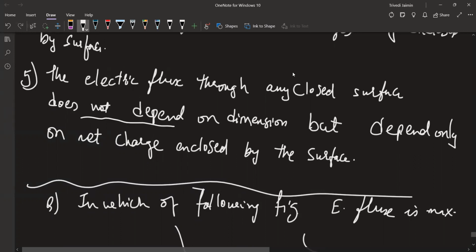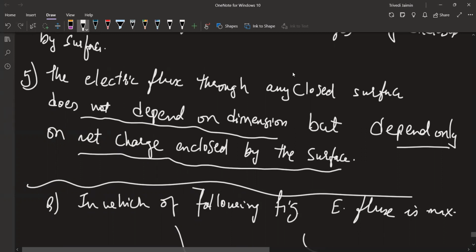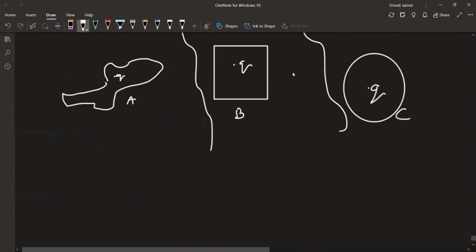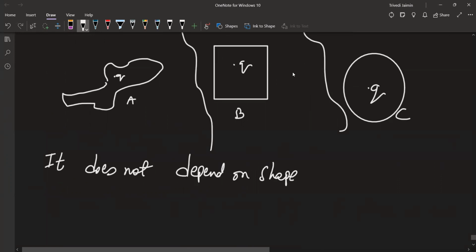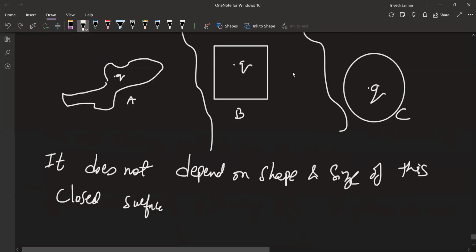Electric flux does not depend on dimension, but depends only on the net charge enclosed by the surface. What does it mean? Surface.